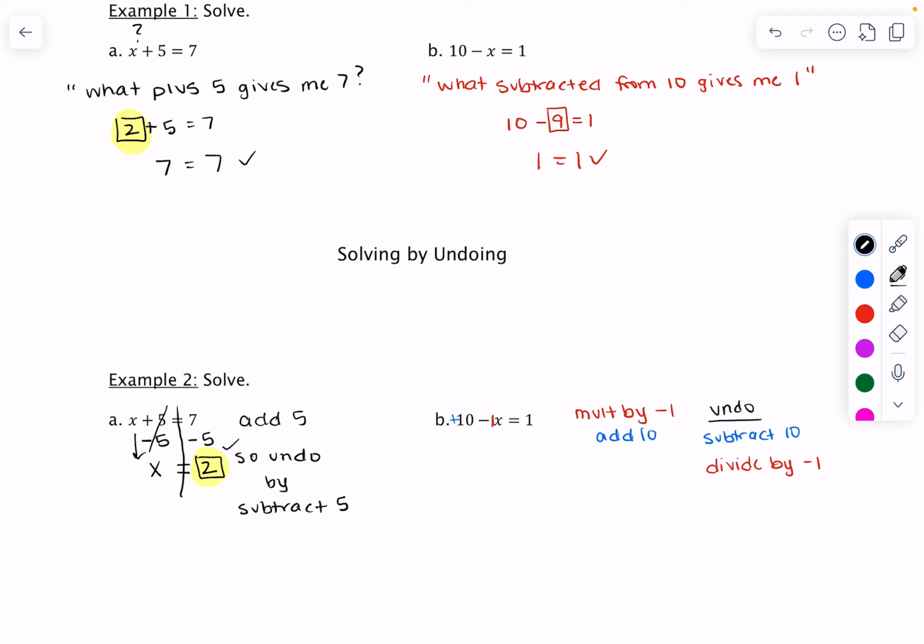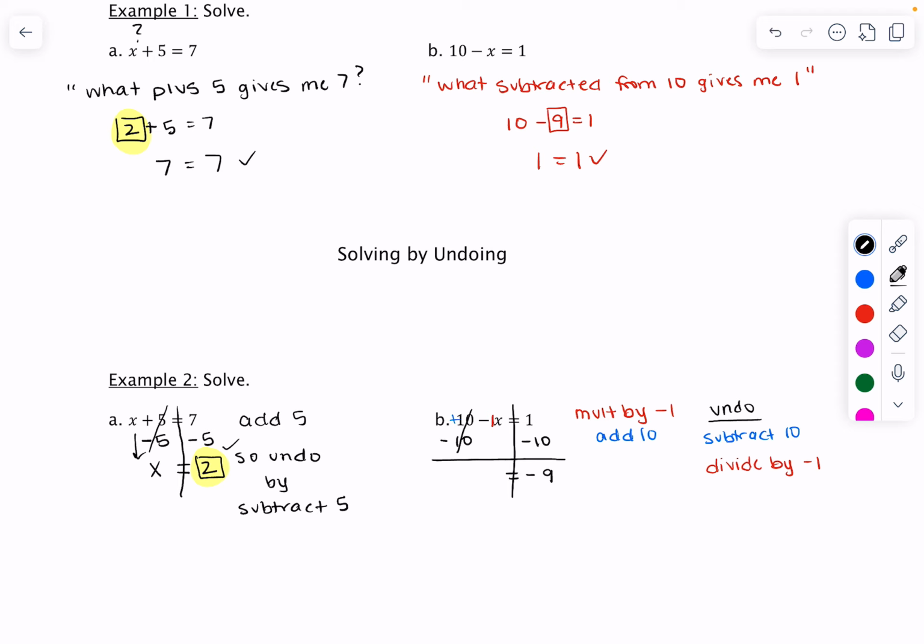So again, I'm going to draw my line. And my first step is to subtract 10. I like writing it underneath the number and writing it underneath the other number on the other side. This helps keep your work really organized. Draw a line here to show that you are adding these things together. So 10 minus 10 cancels out to 0, so they're gone. And then 1 minus 10 is negative 9.